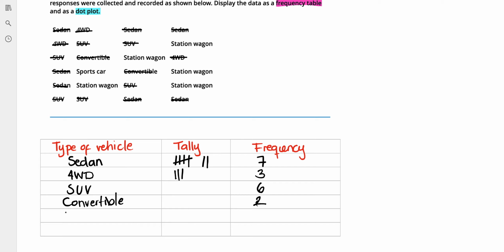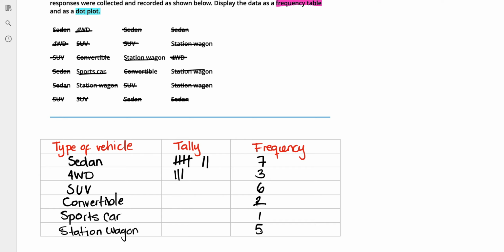Then a sports car. 1, that was it. And then a station wagon. I'll go 1, 2, 3, 4, 5.